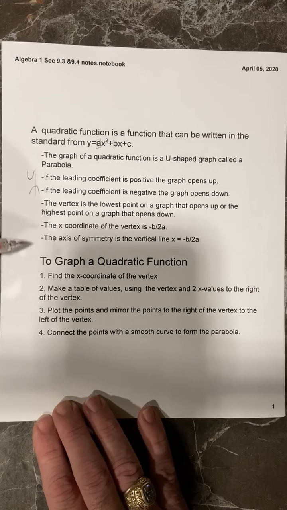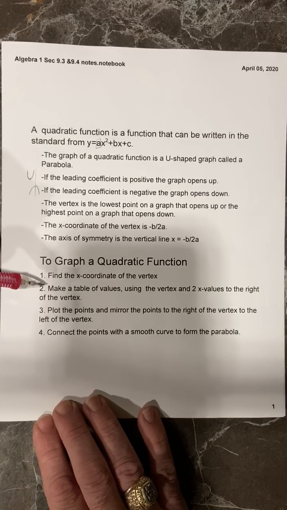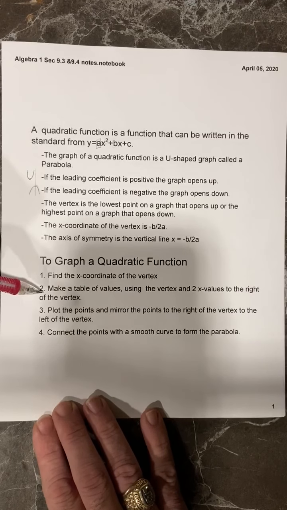So if we're going to graph a quadratic function, first thing we're going to do is figure out what the x-coordinate is of the vertex, which when we do that, that's going to tell us where the axis of symmetry is, and it's also going to give us a starting point of where we need to start with our x values to plug in to find our y values.